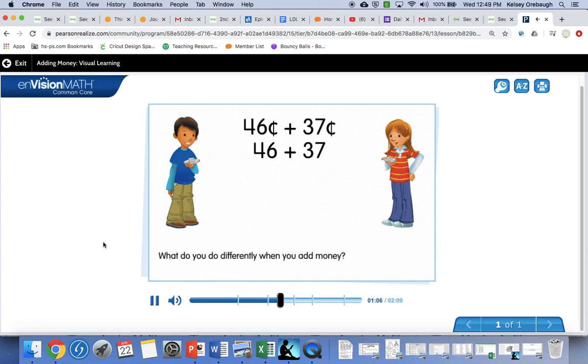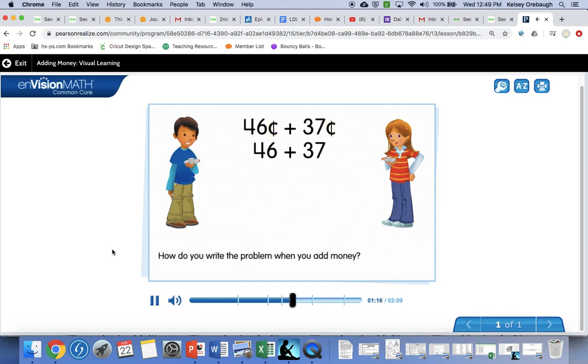What do you do differently when you add money? What are we going to do differently when we add money that we wouldn't do if we were just adding 46 plus 37? We need to continue to use our cent symbol. When adding money, you use the cent symbol.